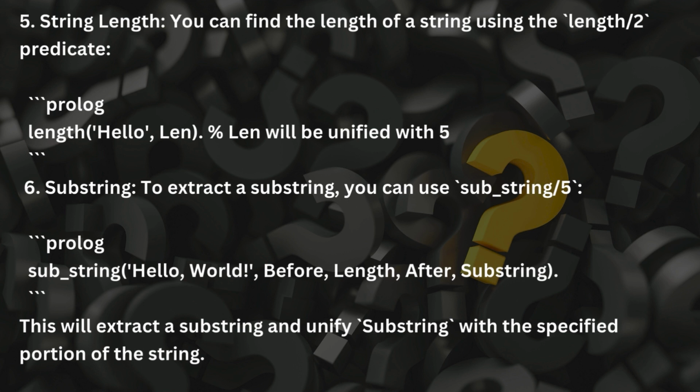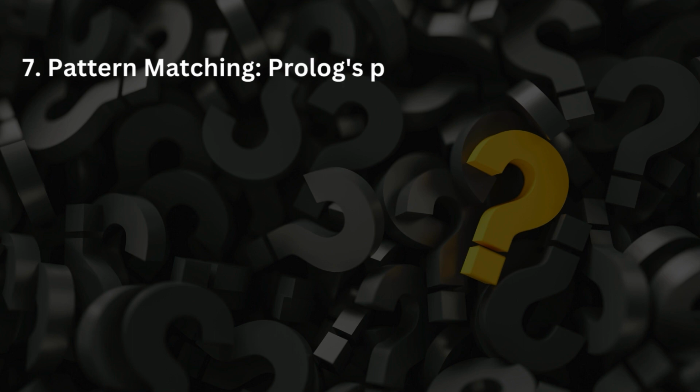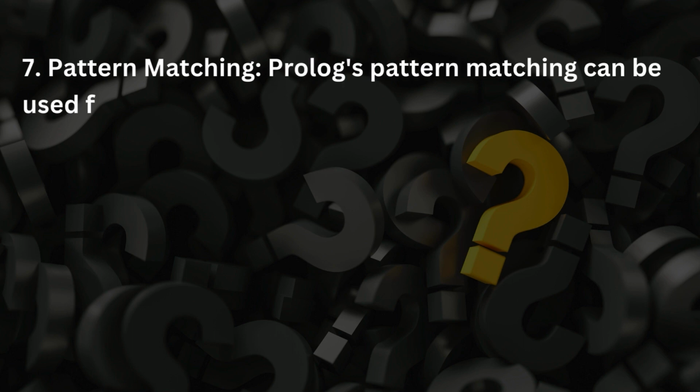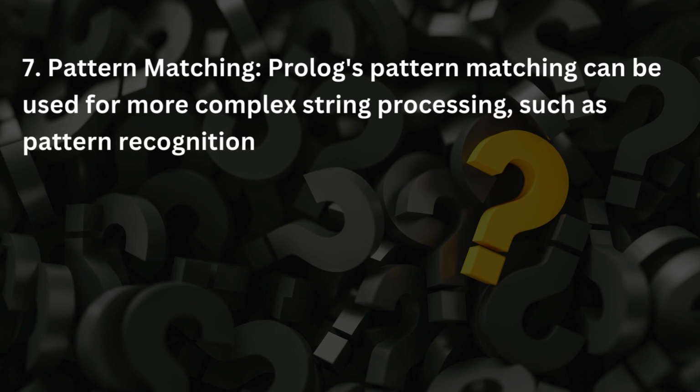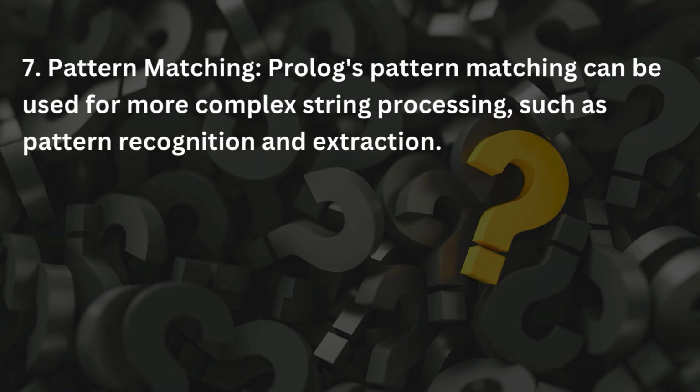It will give you the result of the substring with the specified portion of the string. Next is pattern matching. Prolog's pattern matching can be used for more complex string processing such as pattern recognition and extraction.